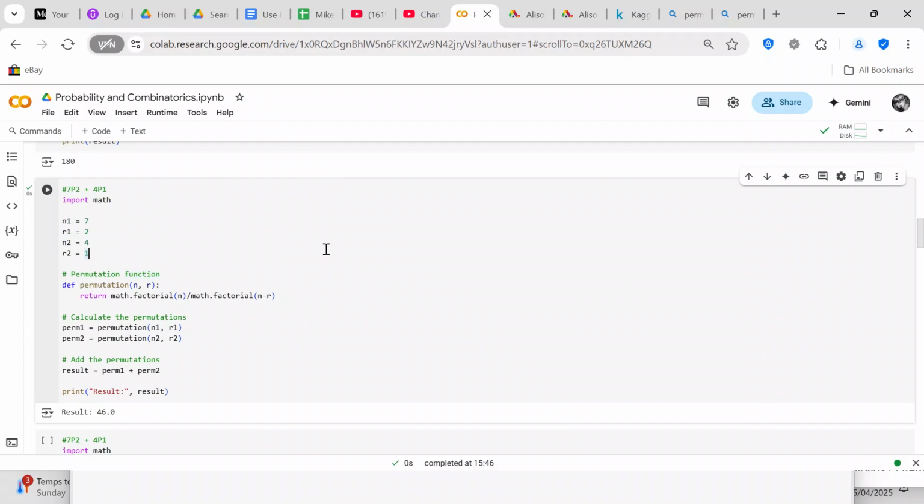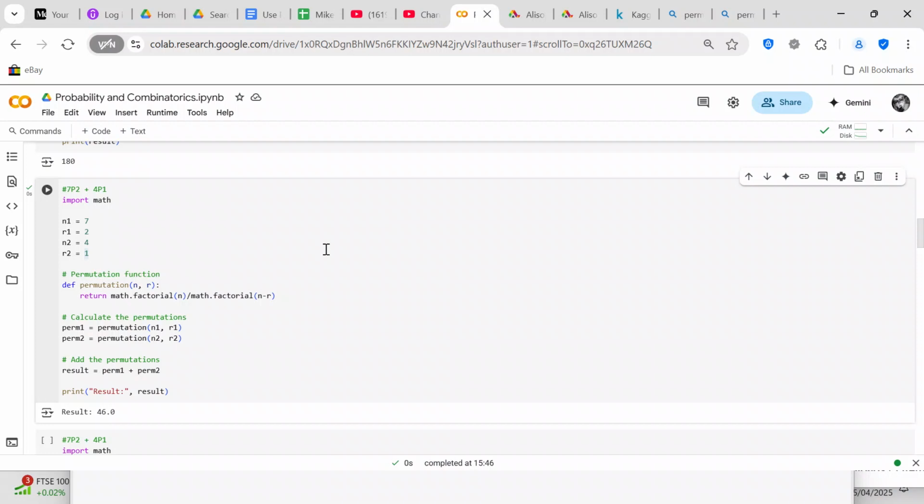So basically you've got 7 times 6 times 5 times 4 times 3 times 2 times 1 divided by 7 minus 2, which is going to be 5, so 5 times 4 times 3 times 2 times 1.